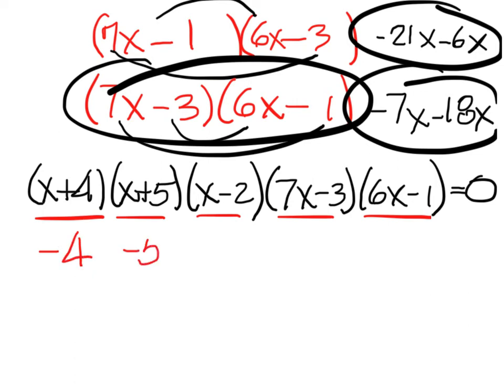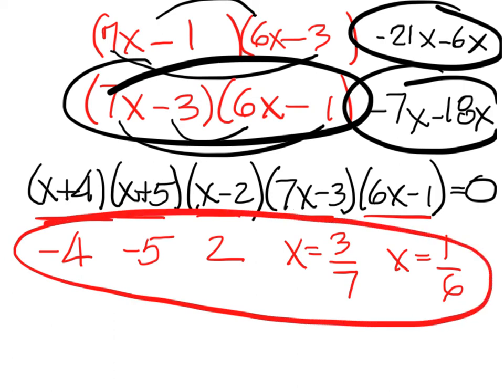Negative 4, negative 5, and 2. On this one, it becomes 3 over 7. And this one, it's 1 over 6. You just simply set 6x minus 1 equal to 0 and solve for x. 7x minus 3, set it equal to 0, solve for x. These are your answers. You have 5 of them.